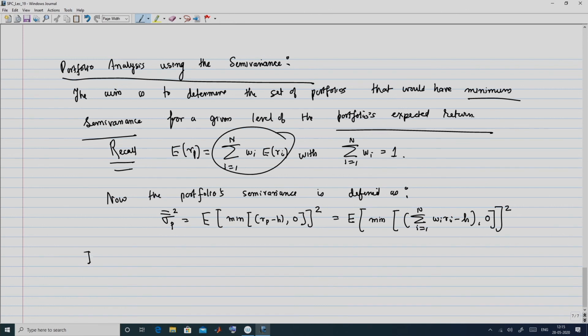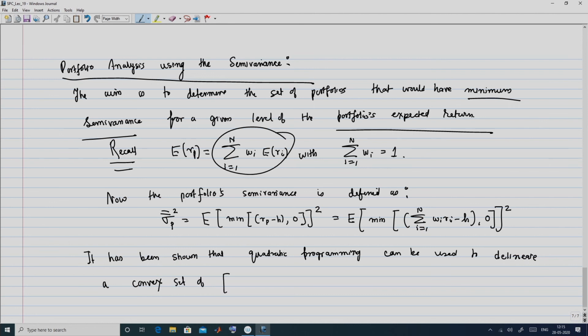Several authors have shown that quadratic programming can be used to delineate a convex set of sigma double bar, ER efficient portfolios under the following conditions.